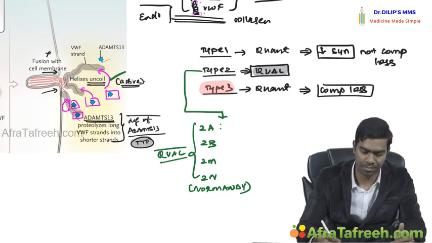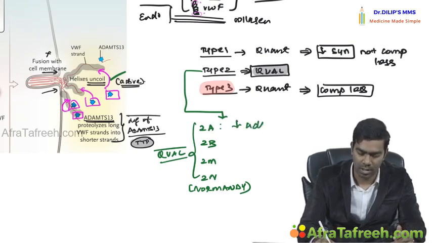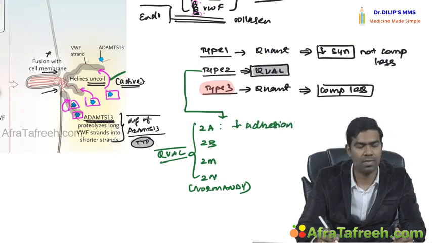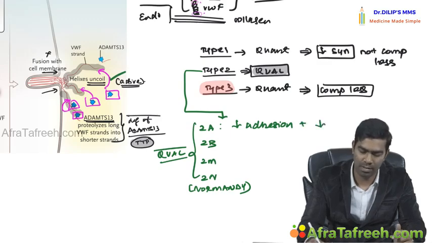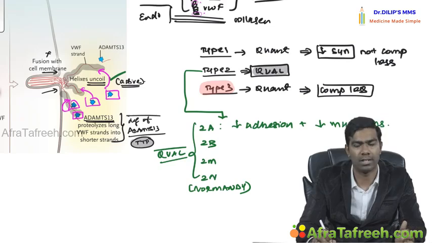That's where the issue is. In 2A, these patients will have reduced adhesion of von Willebrand factor to the platelets. At the same time, they will have reduced multimer formation. The high molecular weight multimers formed from von Willebrand factor will be reduced. They won't form multimers properly.